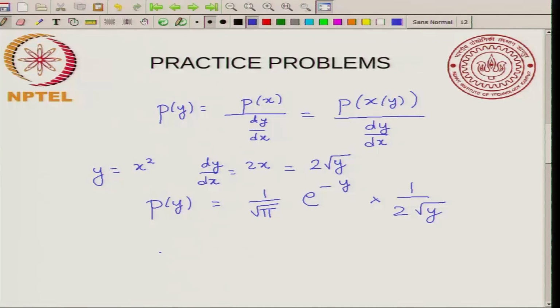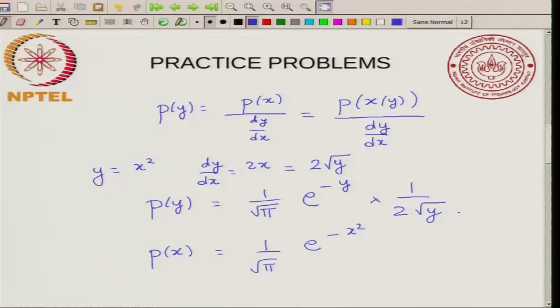What we had initially was p of x equal to 1 over square root of pi e to the minus x square, and when we set x square equal to y, in the probability distribution for y, not only does this change, but there is also an additional factor. So, this problem is a very general problem that shows how you go from the distribution of one variable to the distribution of another variable. It is a general method that can be used to transform from one variable to another.